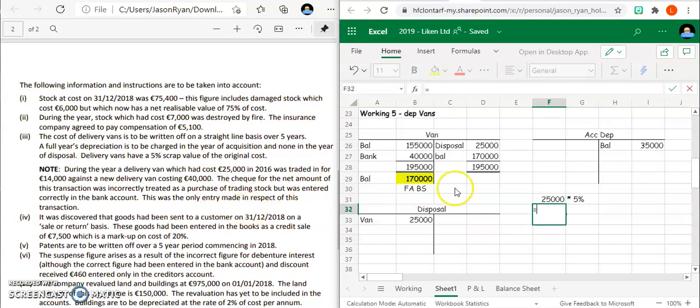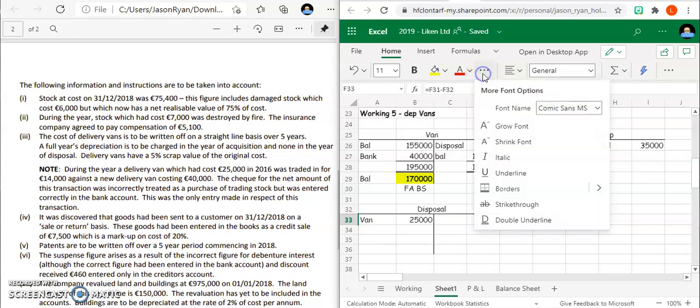So 25,000, multiply that by 0.05. So that gives us 1,250. So the value that we're going to use to calculate depreciation is going to be based on this 23,750.